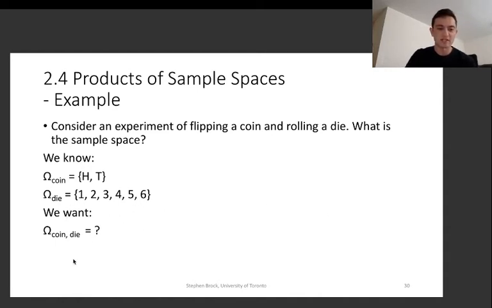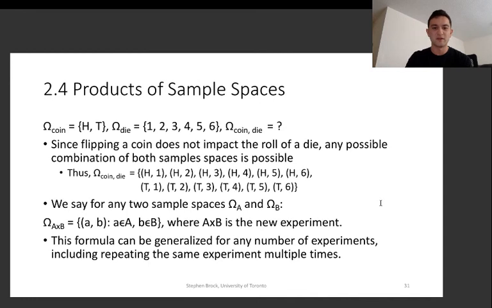And we want the sample space of a coin and a die. So we're flipping a coin and then we're rolling a die, right? The possible pairs of values, well, that's just a combination of the flips of a coin and the rolls of a die, right? So since flipping a coin does not impact the roll of a die, any possible combination of both samples is possible.